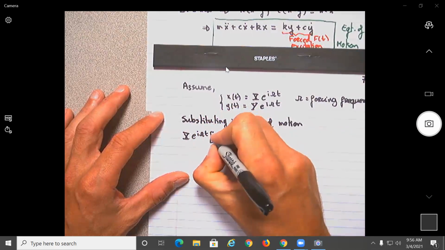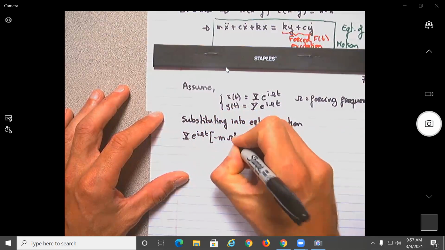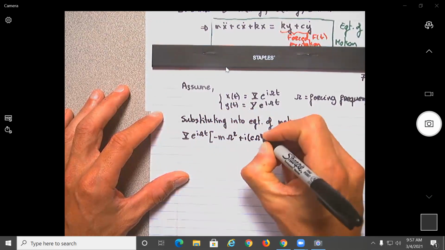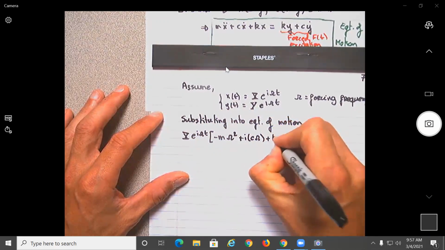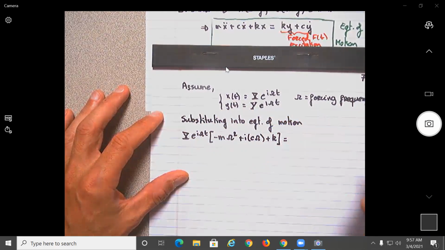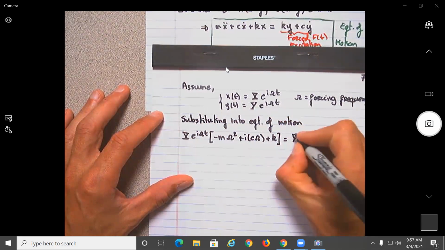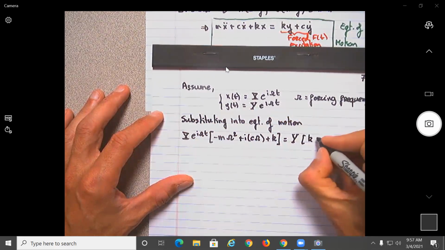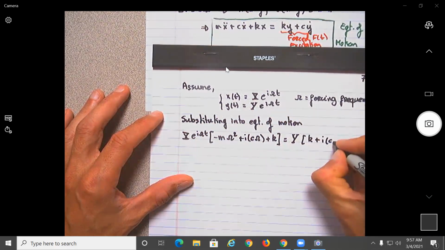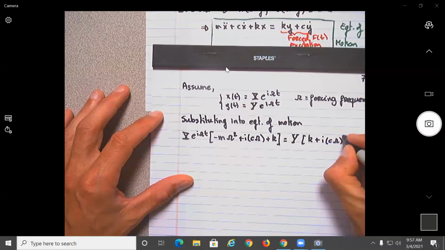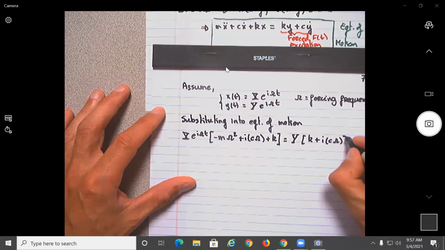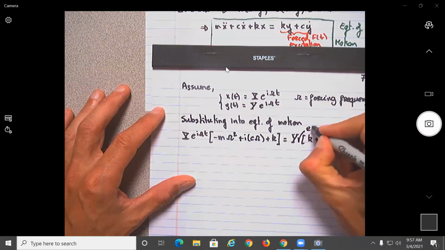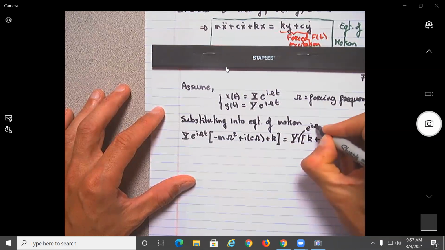You're going to get minus m omega squared plus i c omega plus k equal to capital Y times k plus i c omega. Oops, I forgot, sorry guys, I forgot here to put the e^(i omega t). I was so concerned about the space. e^(i omega t).